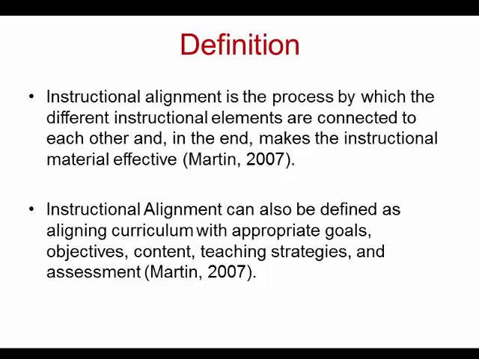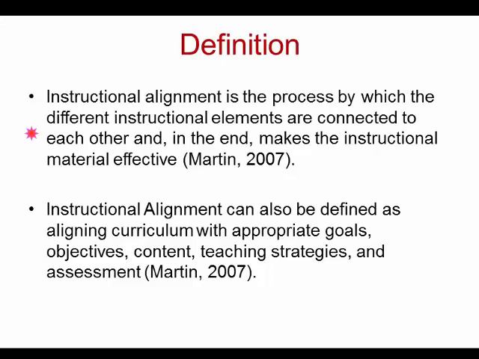And here are two definitions, and this is from one of my earlier publications. I've included some references on the last slide if you want to go read that article. Instructional alignment is a process by which different instructional elements are connected to each other, and in the end makes the instructional material effective. That's very broad.